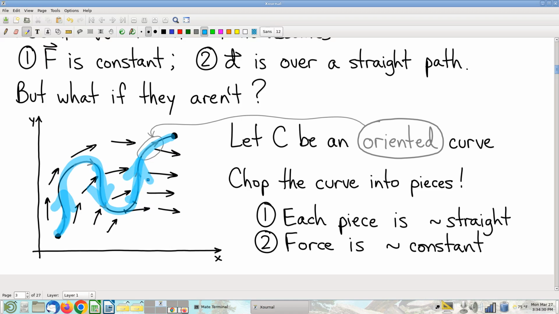The orientation means not only do I have a curve, but I have an attached, required direction that I have to go along the curve, out of the two choices. So this is not the same as a curve. It's very closely connected, but it's a different construction that we call an oriented curve.